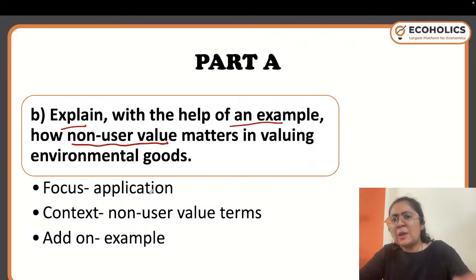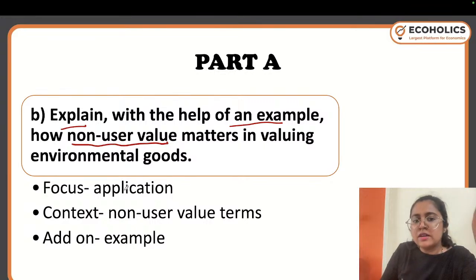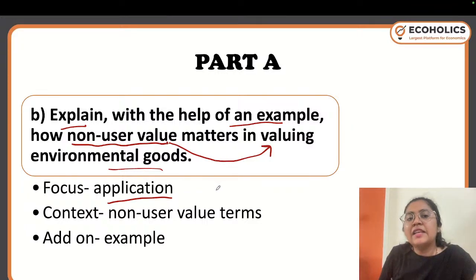So this is again a pretty evident, very theoretical question, a very important concept that we learn in the environmental economics module. What you need to focus on here is the application, which means how non-user value matters in valuing environmental goods. So technically you need to write the meaning and give an example of a non-user value.